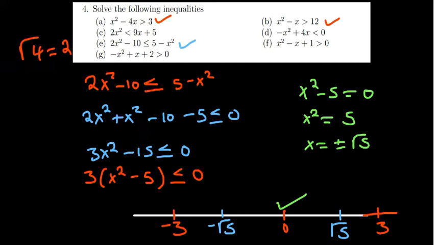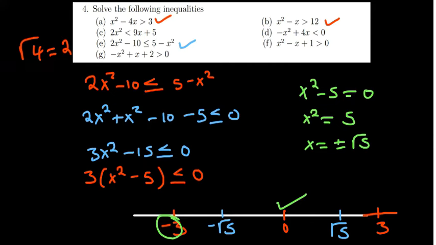Let's try it. I'll get a negative 3, which is less than negative root of 5, which is less than root of 5. So if I plug in there, I'll have my 9 minus 5, which is already a positive value. Now a positive value cannot be less than 0. On the other side as well, it will be the same.